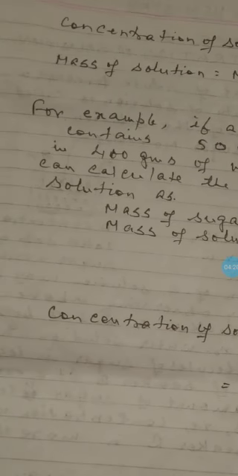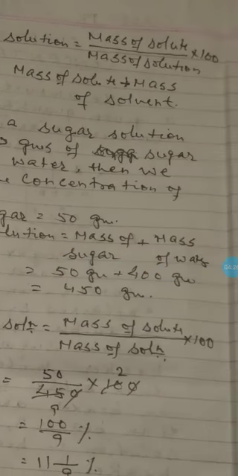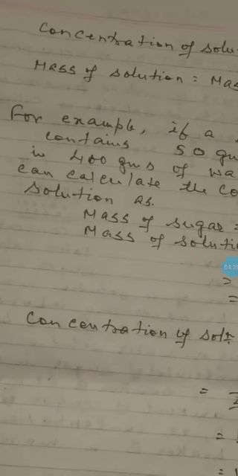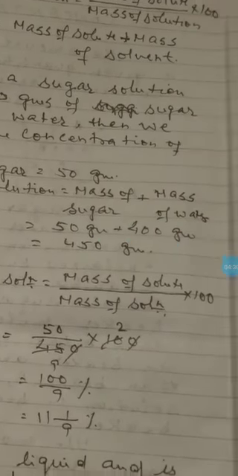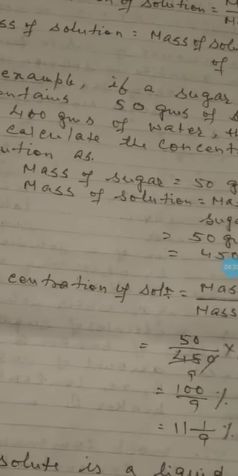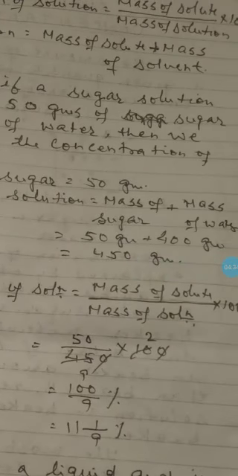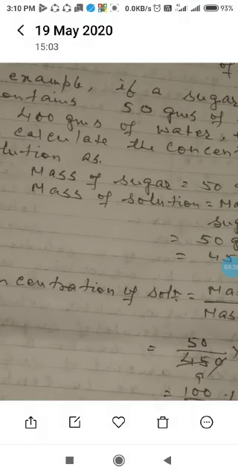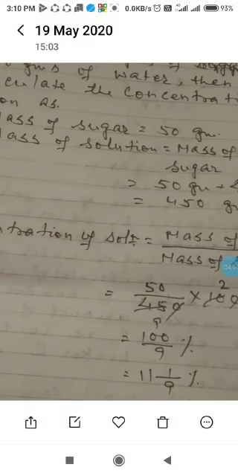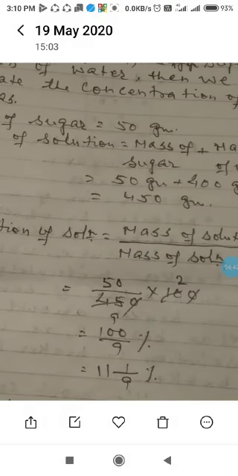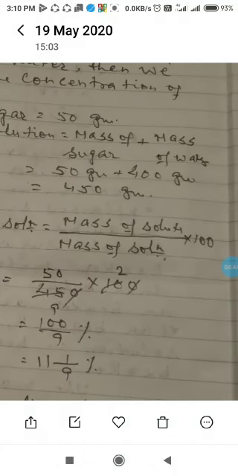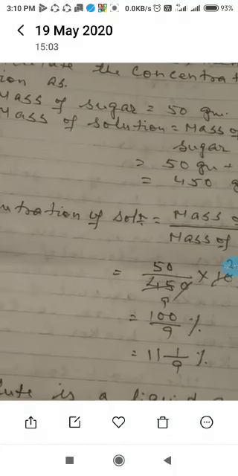Here is an example: if a sugar solution contains 50 grams of sugar in 400 grams of water, then we calculate the concentration of solution as follows. Mass of sugar equals 50 grams, mass of solution equals 50 plus 400, 450 grams.